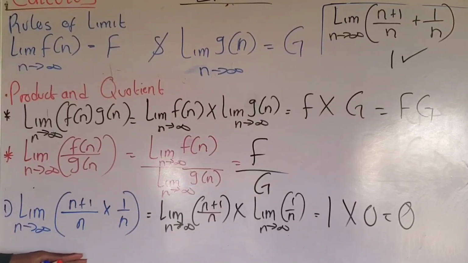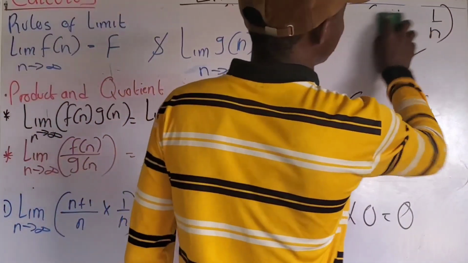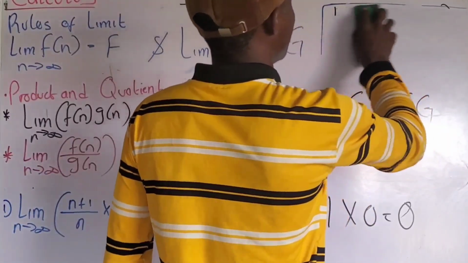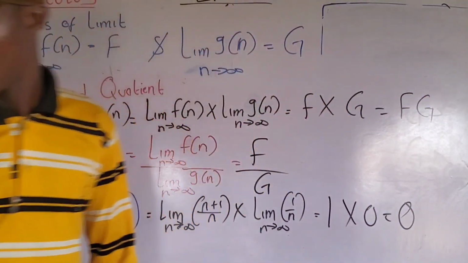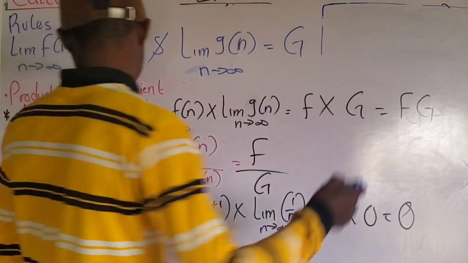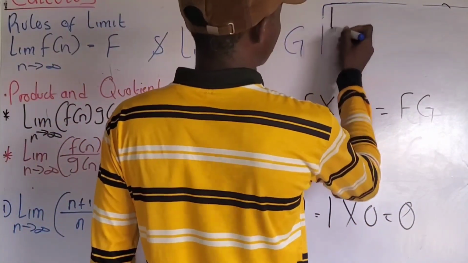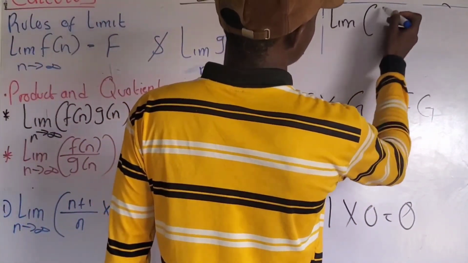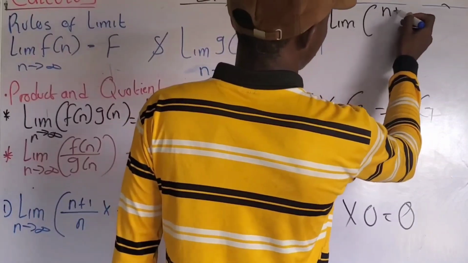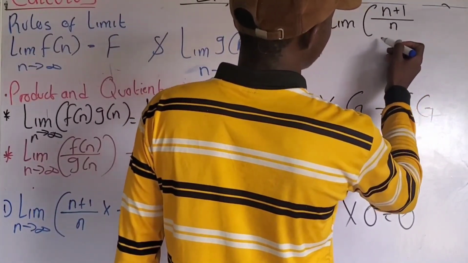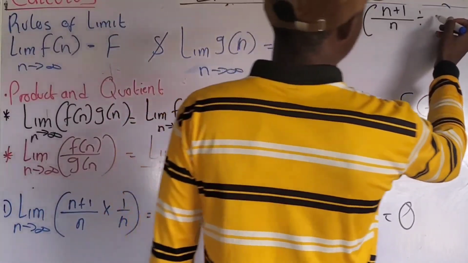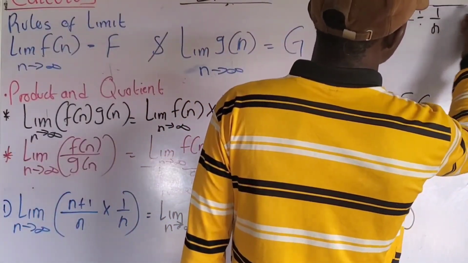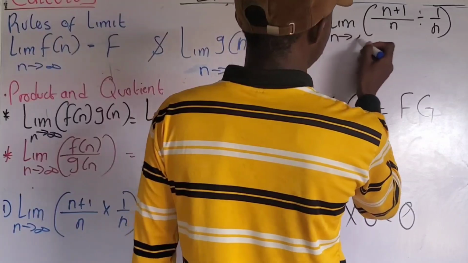Okay, I'm done with the products now. Now let's look at another example on the quotient. I'm going to give you a worked example on the quotient. What will be the limit of (n plus 1) all over n divided by 1 over n as n tends to infinity?